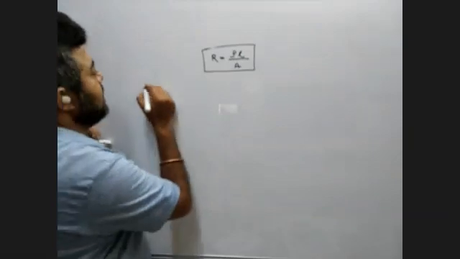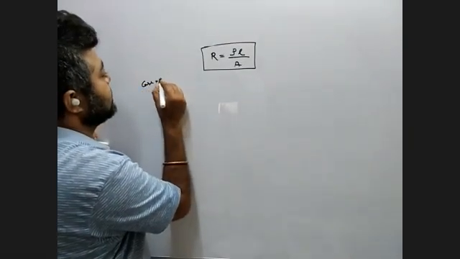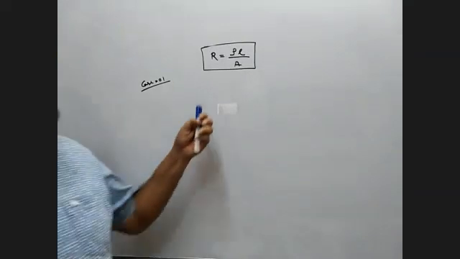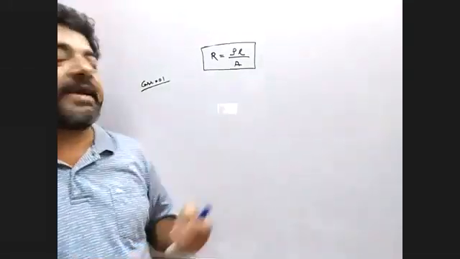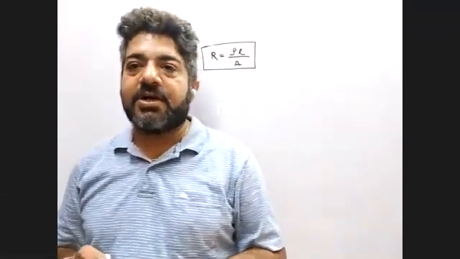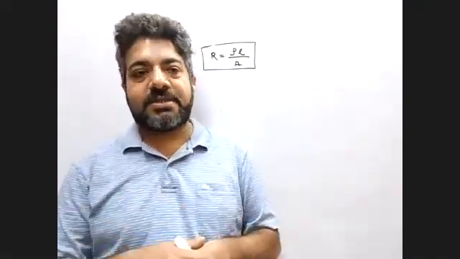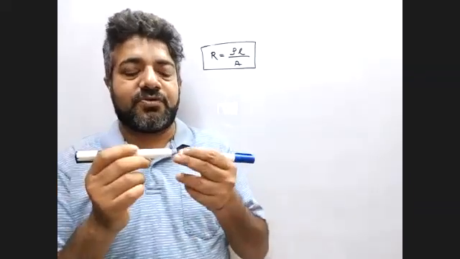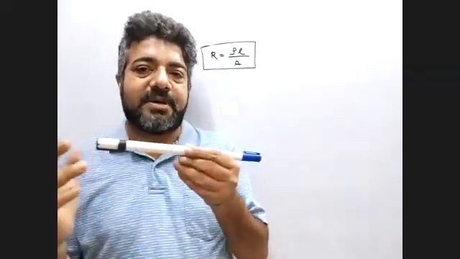Now, some questions are asked by the examiner in different ways. Case one: they can ask you, if we cut a wire in unequal parts, or if you join a wire. Suppose you have a single wire and you join the same wire, so now the length becomes double, cross-section area and everything else remains the same.